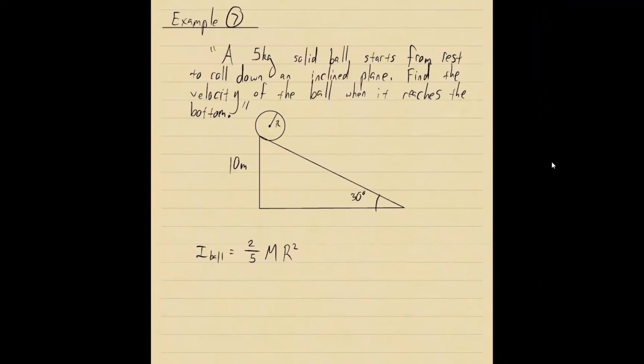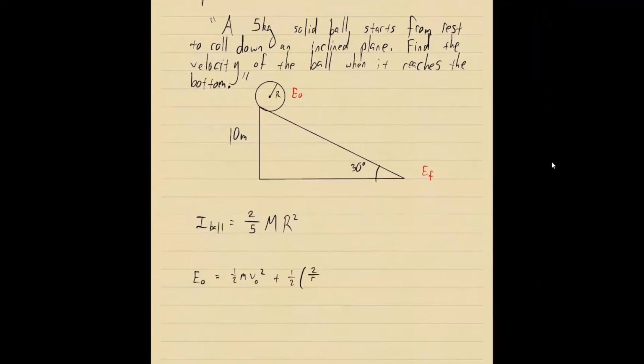Okay, so the total energy initially is going to be the energy when the ball is up here, right at the top of the ramp, and I'm going to call the final energy when the ball is down here at the bottom of the ramp. So the initial energy of our system is equal to the initial kinetic energy, 1/2 mv naught squared, plus our rotational kinetic energy, where I is 2/5 times the mass of the ball times the radius of the ball squared, times our initial angular velocity squared.